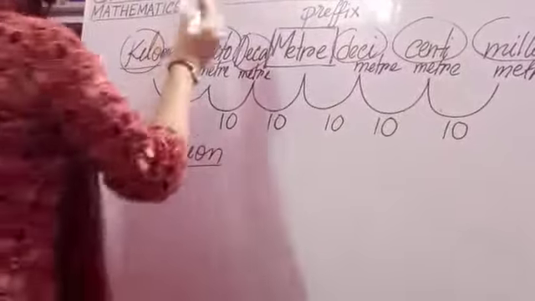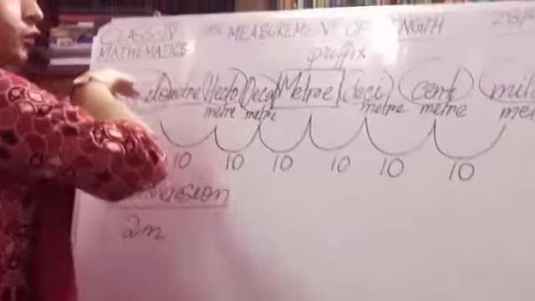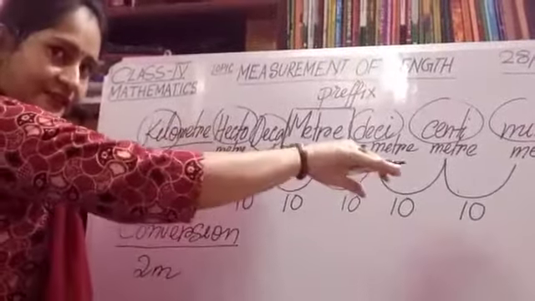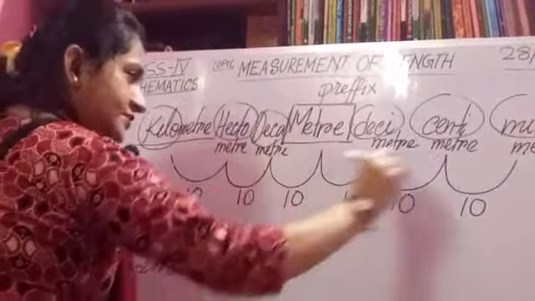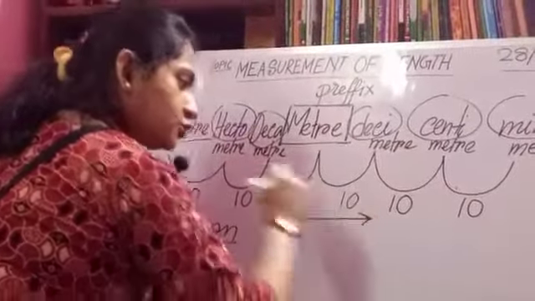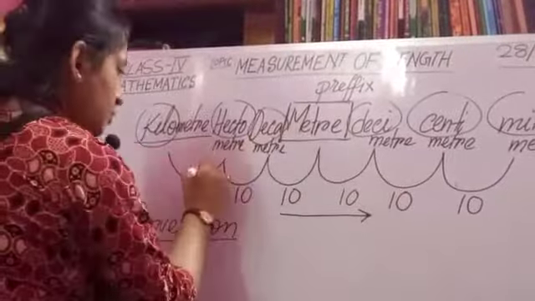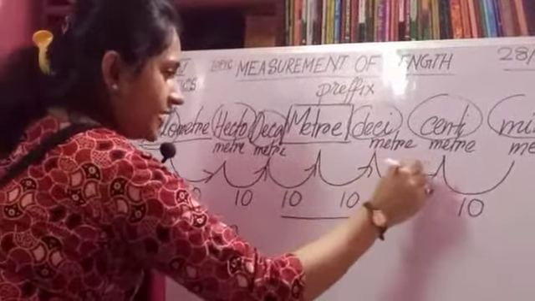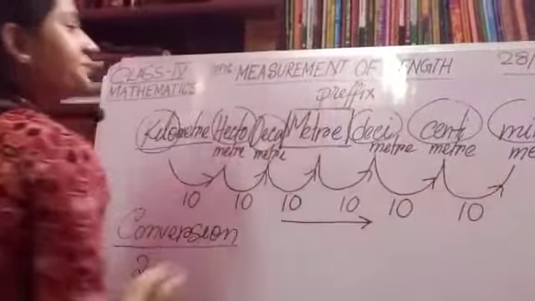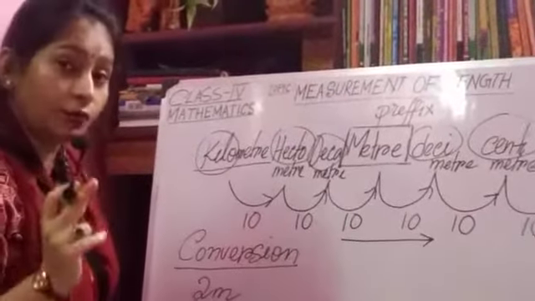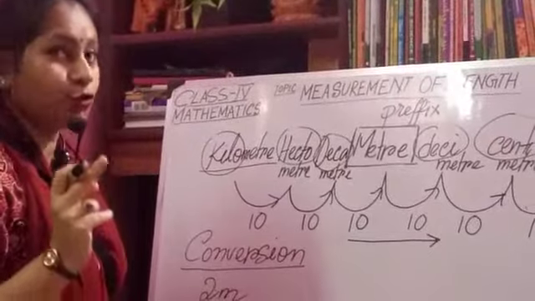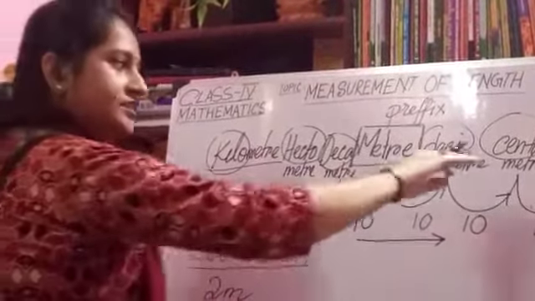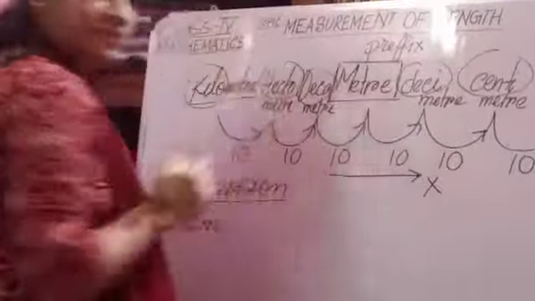Now, while we are going right hand side, that means towards your right, we will simply multiply with 10. Now, how many gaps do we have to count? So, this side we are going to multiply.